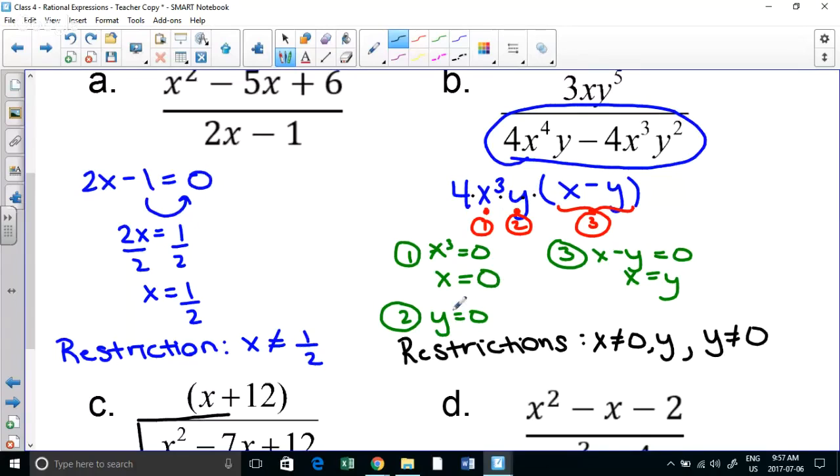The second factor equal to 0, well, that's just y. And the third factor equal to 0, so x equal to y, this is going to disappear and give me 0. Things that give me a problem are x can't be 0, x can't be y, and y can't be 0. If any of these things gives me a problem, I'm doing something that's mathematically impossible.